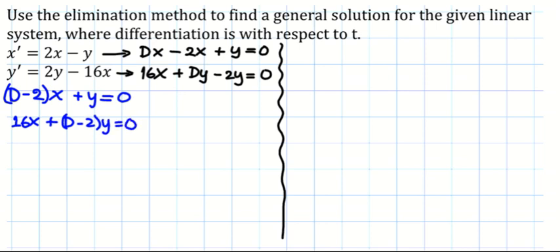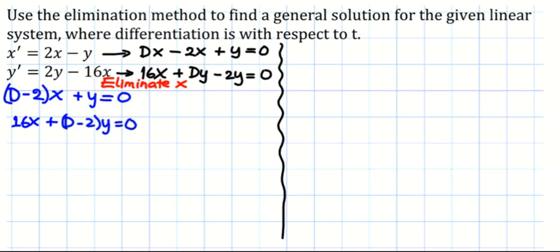On this problem, either we eliminate x and solve for y, or eliminate y and solve for x. But I think the way the answer looks, we will eliminate x and then solve for y. So just keep this in mind.